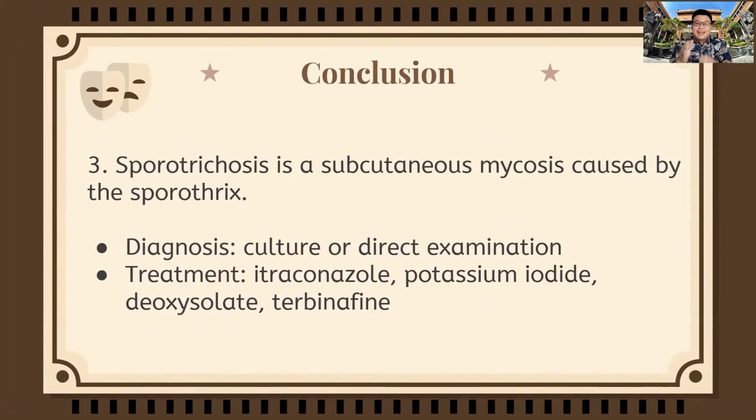The third conclusion: sporotrichosis is a chronic or subacute infection caused by sporothrix and typically presents as pustules or papules that form ulcerous lesions involving the local lymphatics. Culture and direct examination can be implemented for diagnosis. Treatments for sporotrichosis are itraconazole, terbinafine, potassium iodide, amphotericin B, and deoxycholate.